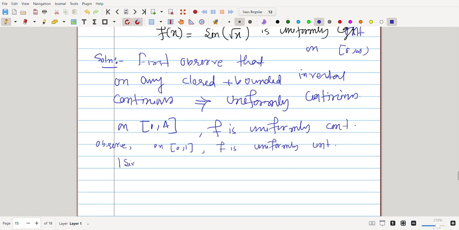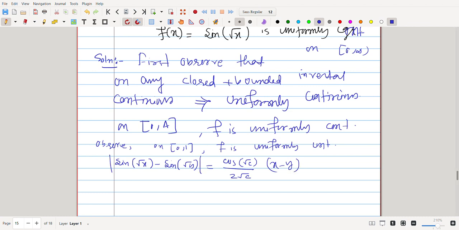So you can write that sin root x minus sin root y is cos root c by 2 root c times x minus y.